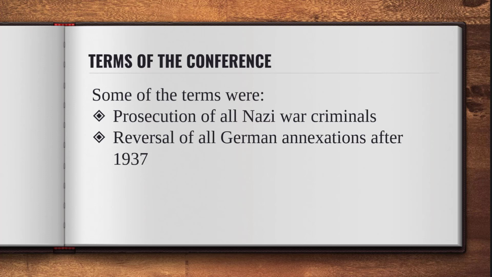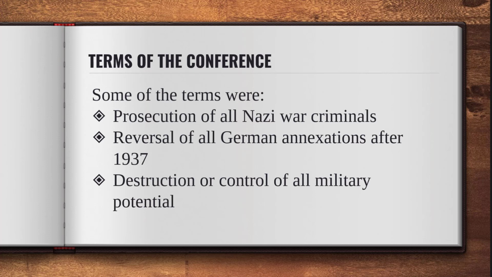Remember in the previous video we talked about how to annex is to just say this is mine now. Germany had done that with some areas, and anything they had done from 1937 on, not when the war started in 1939, they had to undo. They had to stop claiming those areas.